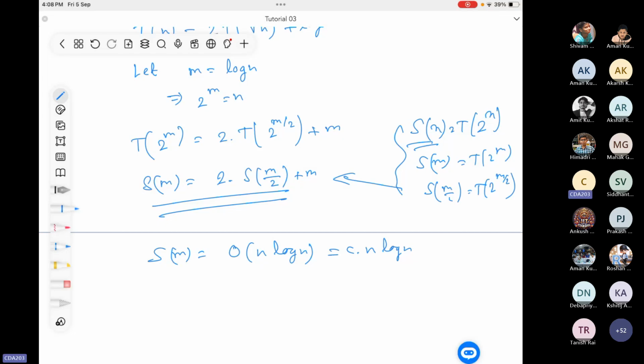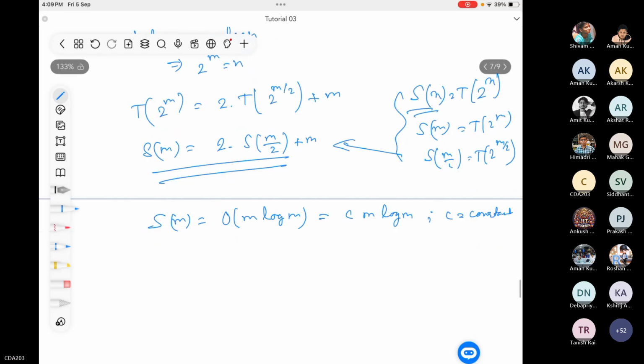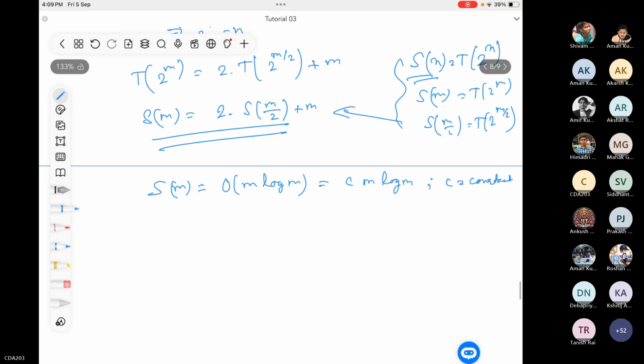Oh sorry, it's m. So this is order m log m, which is at most c times m log m, where c is a constant. So this implies that we know the solution.